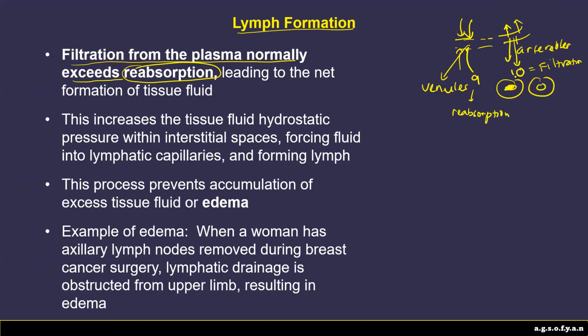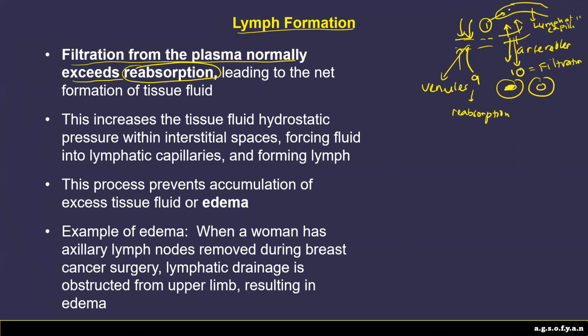Okay, and again, because there are 10 pressure entering this area and only 9 reabsorbed, then there will be 1 extra. Okay, so 1 extra fluid, and this 1 extra fluid will be absorbed by the lymphatic vessel, the lymphatic capillary.